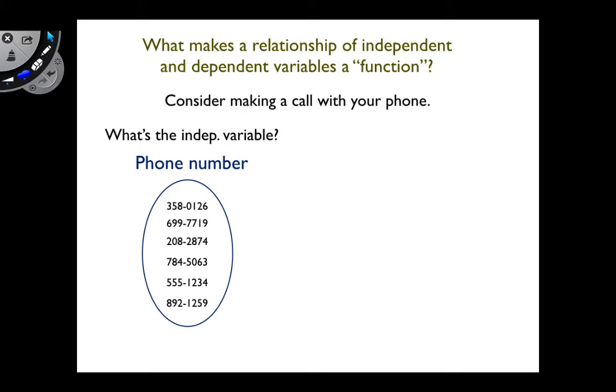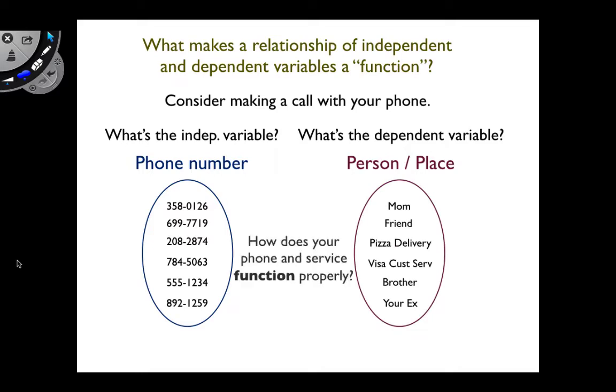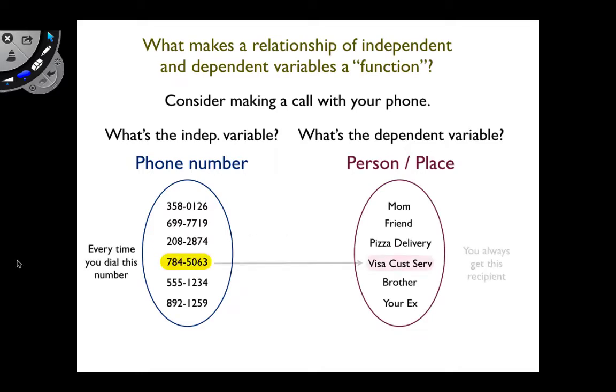But if you're trying to call someone specific, you hope that when you dial their phone number, you get them, correct? So you hope that, if your phone is working right, you dial a number and you get your mom, or you dial this number, you get Visa customer service, whoever it is. You hope that if you dial a number, you get the person that is listed as having that number. That is a functioning phone and phone service.